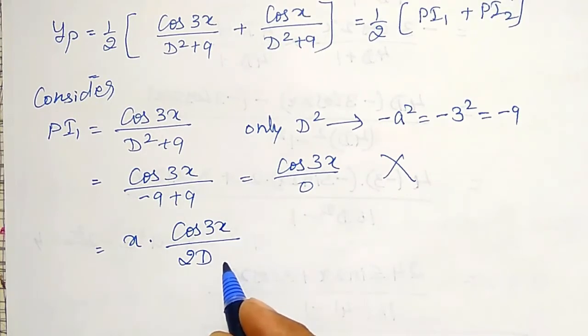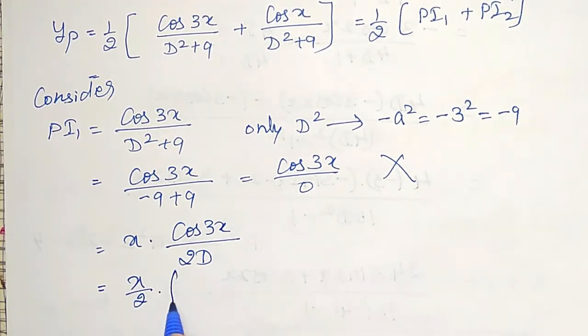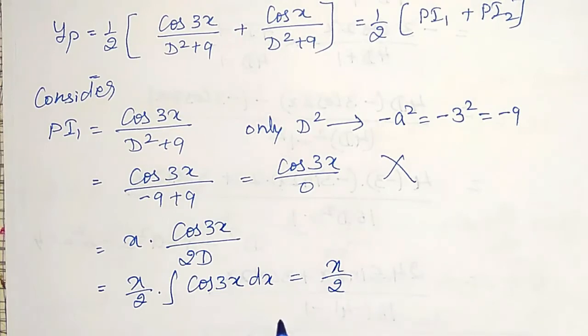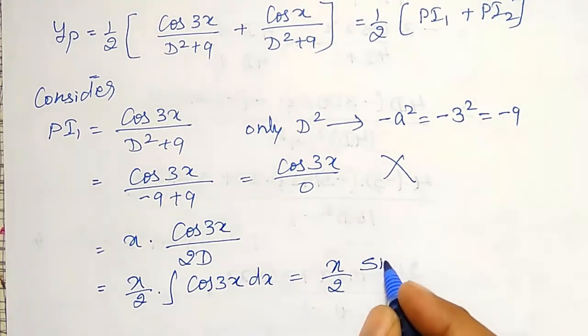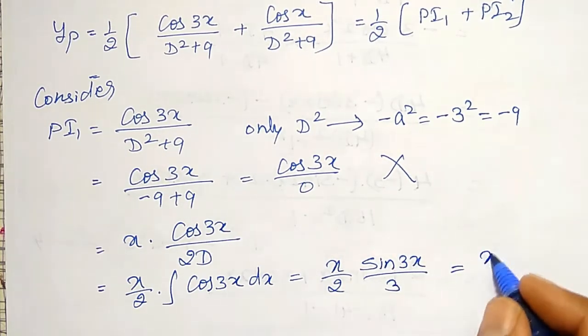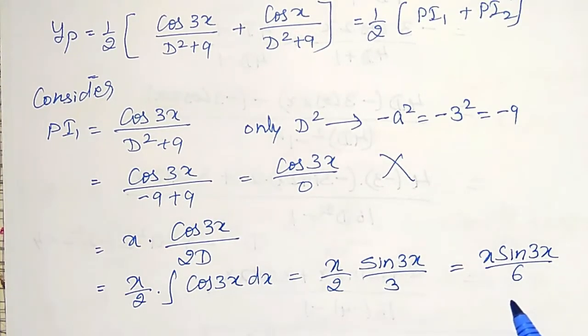That is equal to x by 2 into 1 by D, which is the integration of cos 3x dx, equal to x by 2 into sin 3x divided by 3. That is x sin 3x divided by 6, my particular integral PI1.